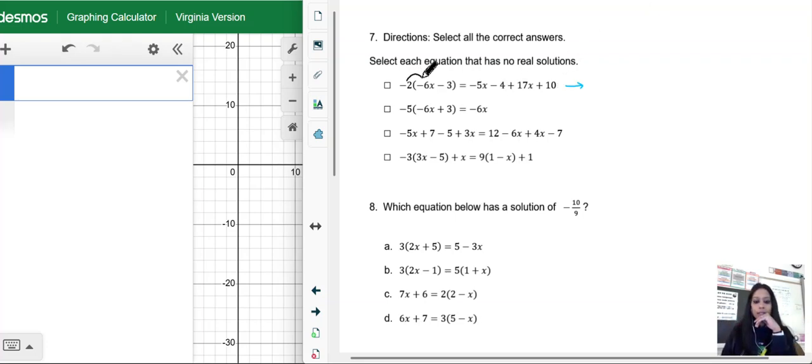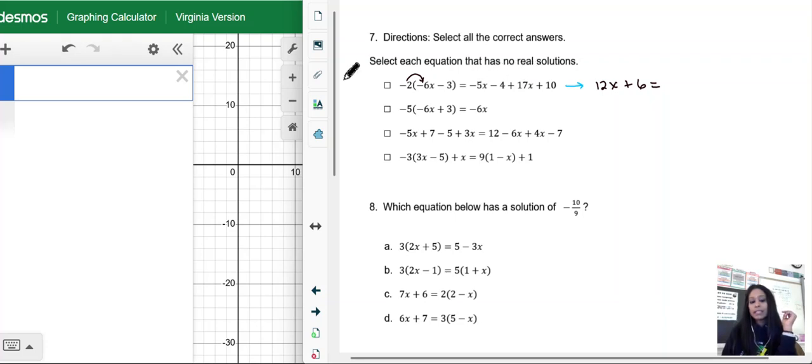So we're going to distribute this. So negative 2 times negative 6 is positive 12x. Negative 2 times negative 3 is positive 6 equals. And then on the right side, I don't have parentheses, but I can combine like terms.